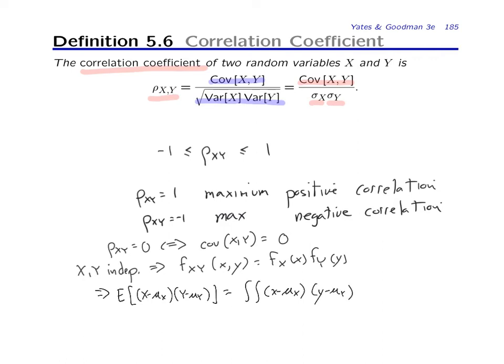And now when you write the joint PDF, you write it as the product. And then this actually factors as x minus mu x fx of x dx into separate integrals.